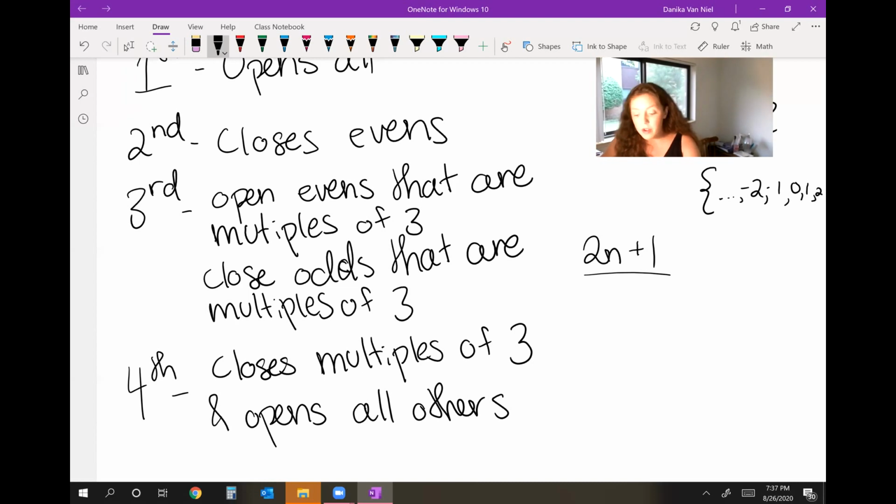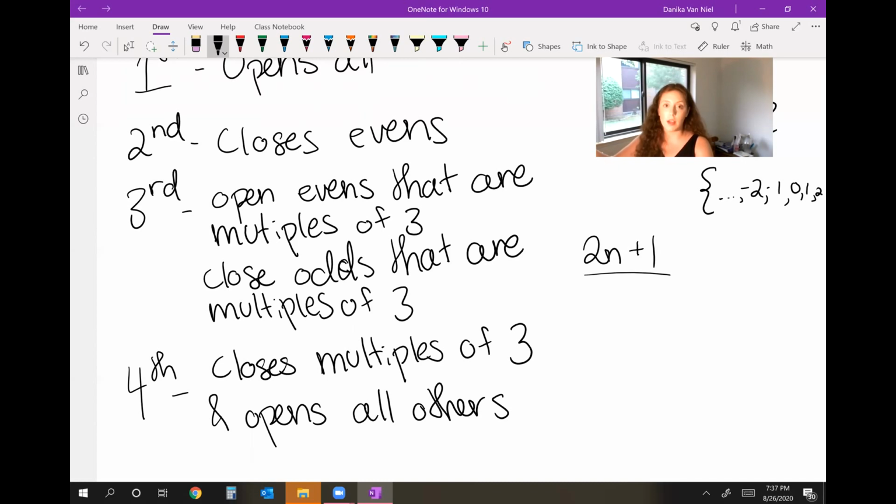Okay, so why do I know that I can do this generalization? Well, the argument that we just talked about. We know that the second student is going to close all even numbered lockers, and we know that the third student is going to open any even numbered lockers that are divisible by 3. So if 4 comes across something that's divisible by 3, that is going to be an open locker.